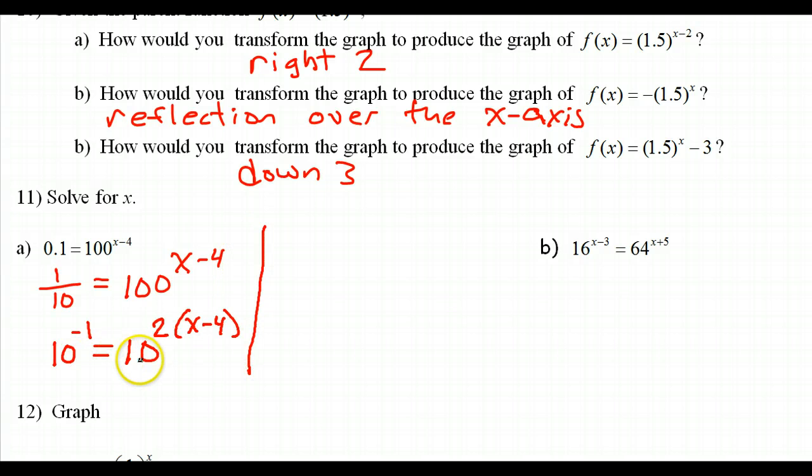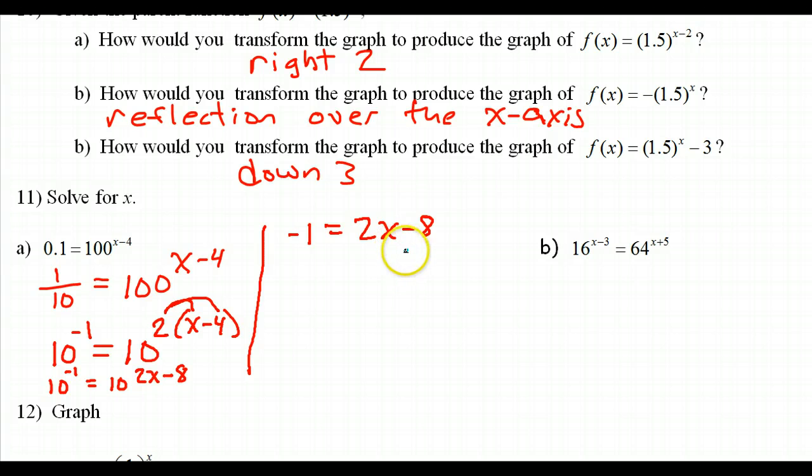So now we have bases that are the same. This will be 10 to the 2x minus 8 power, because you have to do the distributive property. If the bases are the same, the exponents will be the same. So that means negative 1 should equal 2x minus 8.